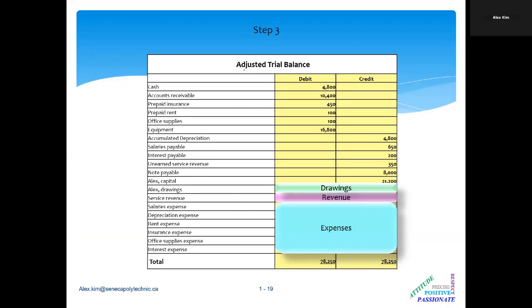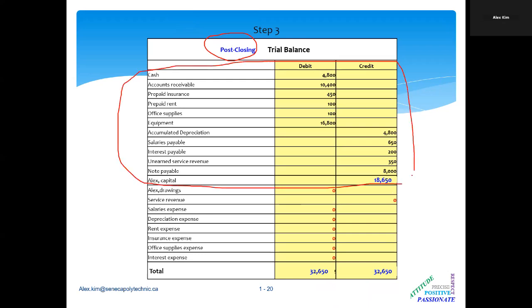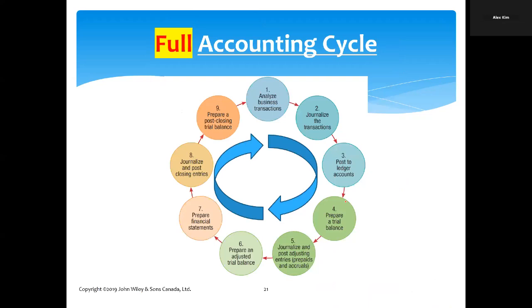Finally, we have drawing closed, revenue closed, expense closed. So we have the post-closing, third version of the trial balance, which includes only what? Permanent accounts, with the capital balance. Good.